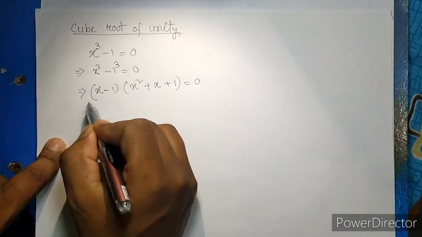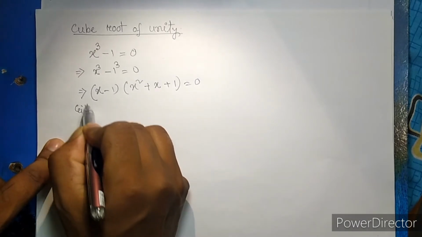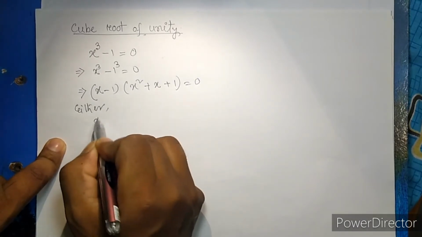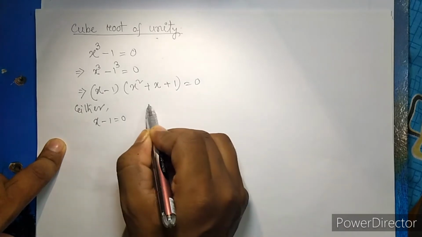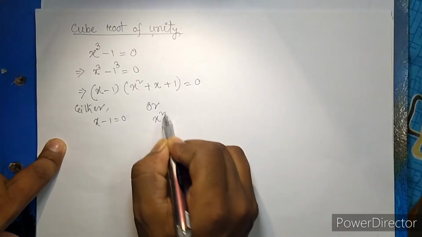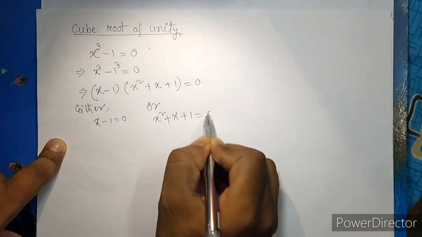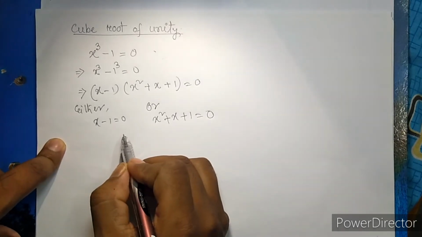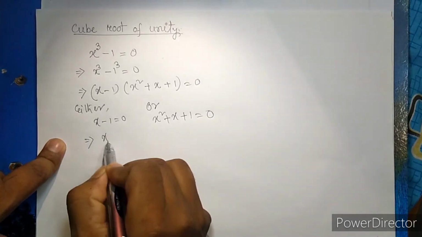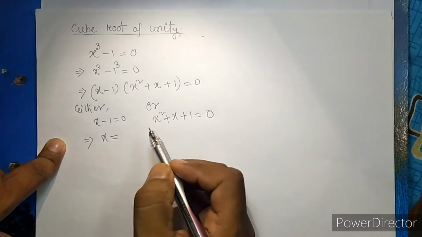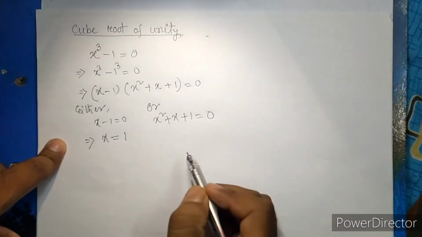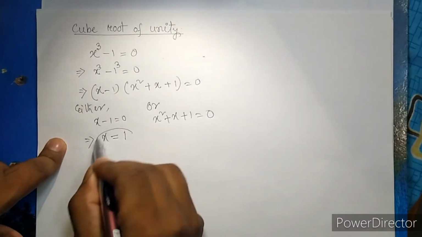So now we have either x minus 1 equal to 0 or x square plus x plus 1 equal to 0. Then from this condition x is equal to 1, so this is one root.